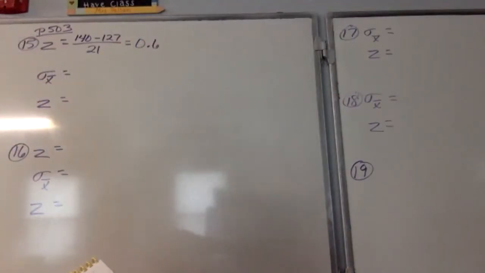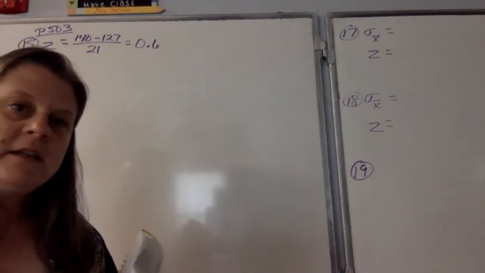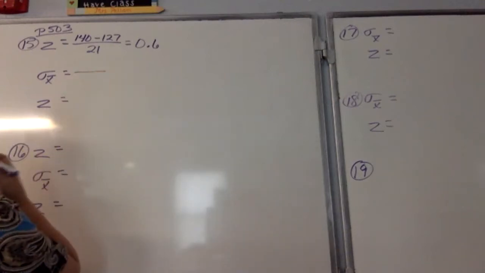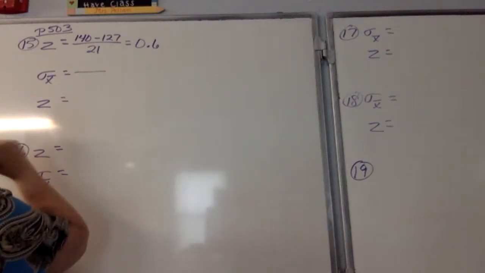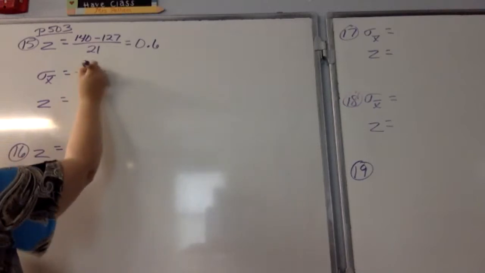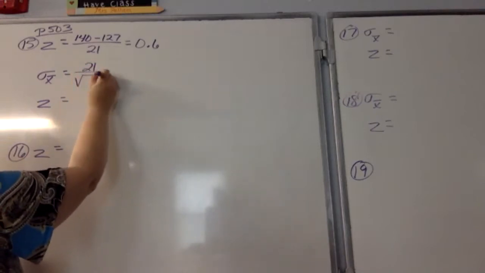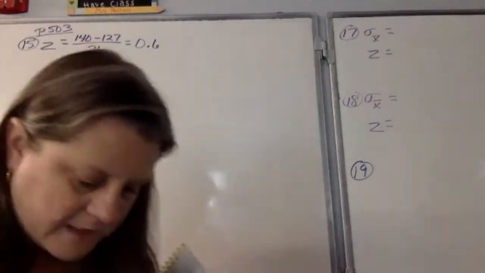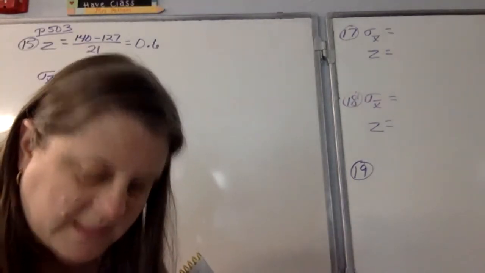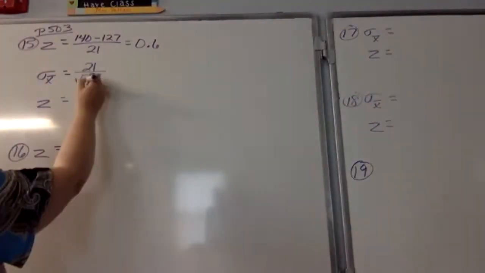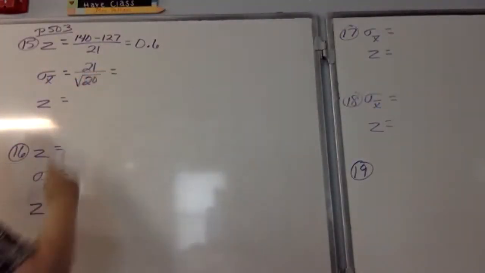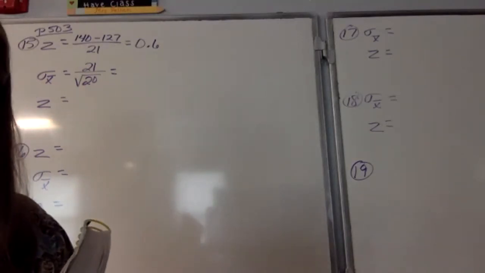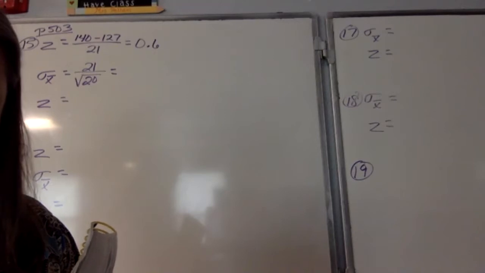Now I have to find my standard deviation of the mean. To find the standard deviation of the mean, you take your regular standard deviation, which was 21, and you divide it by the square root of the number of items in the sample. They said it was a 20-day average, so your sample size is 20. When we do our standard deviation of the mean, we usually have how many decimal places? 3.